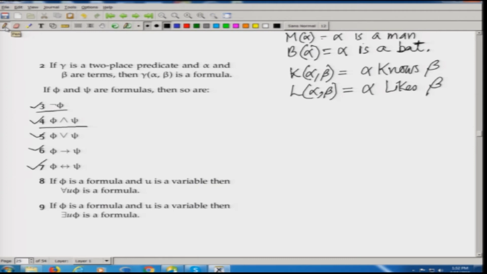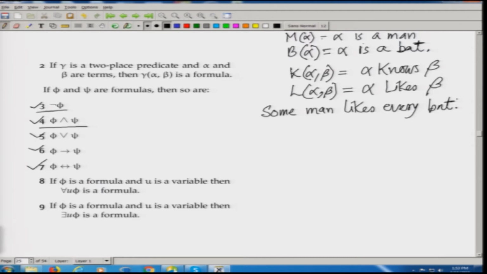For example, I want to say that some man likes all bats, or some man likes every bat. How do I translate? My sentence is some man likes every bat. Can I translate it?